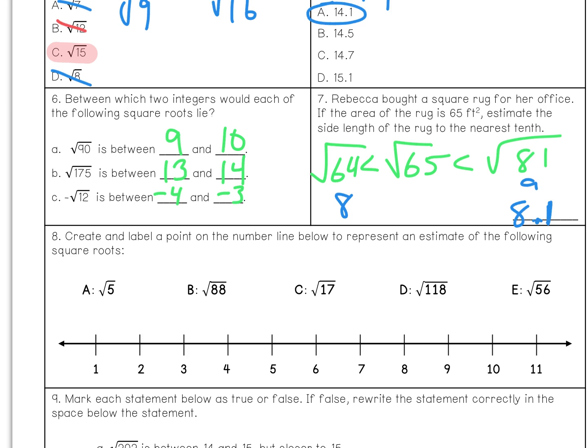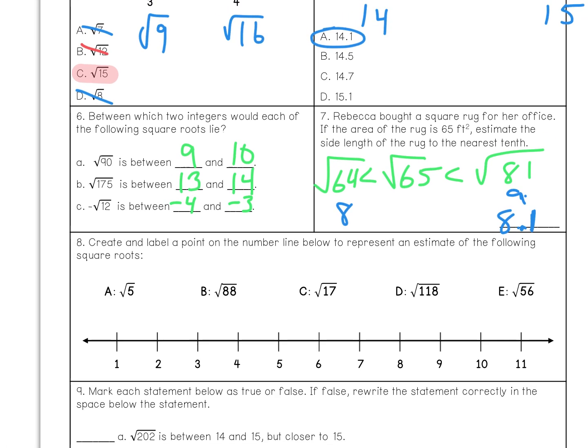Okay. Does anyone have a question about how we ended up at 8 and 9? No? Okay. Now, number 8 basically just wants you to plot those somewhere on there. So the square root of 5 is between which two values? It's between 2 and 3. Okay, Garen, where does B go?